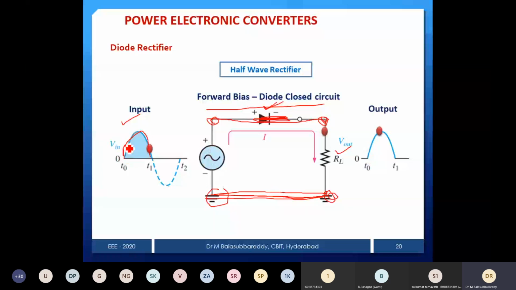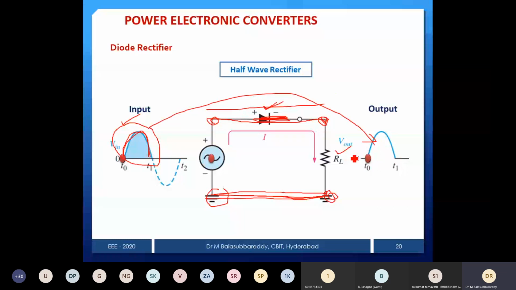That's why during the positive half cycle, this amount of the input I exactly replaced here. Our input is equal to the output during the on condition, or forward bias condition. When the diode is closed, automatically input is equal to the output.